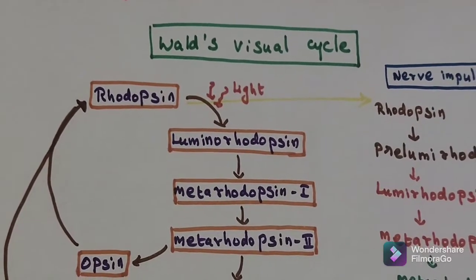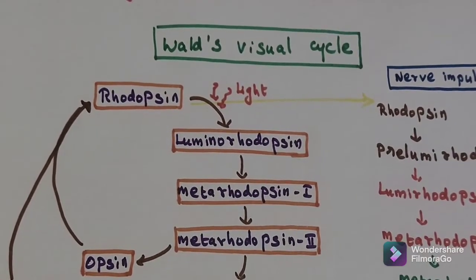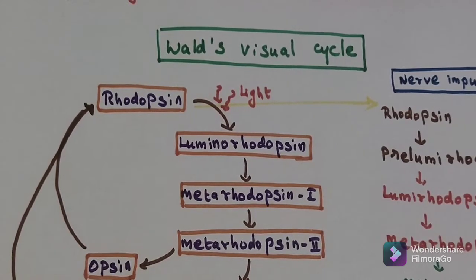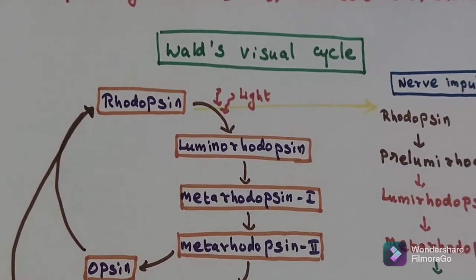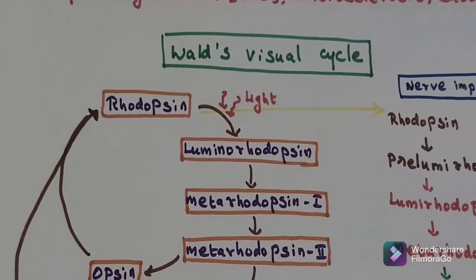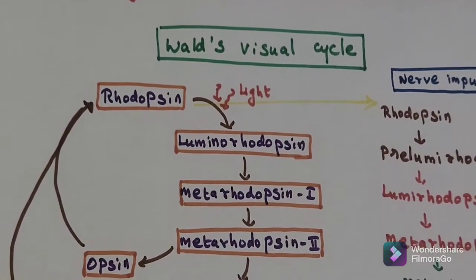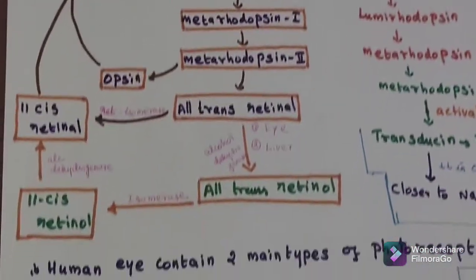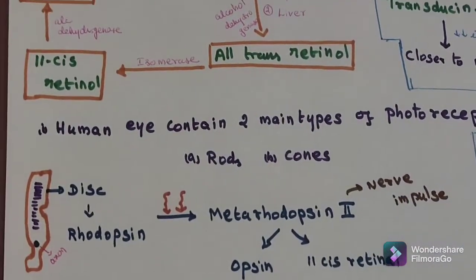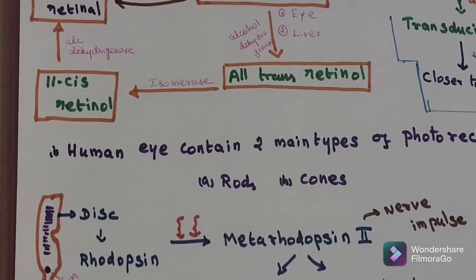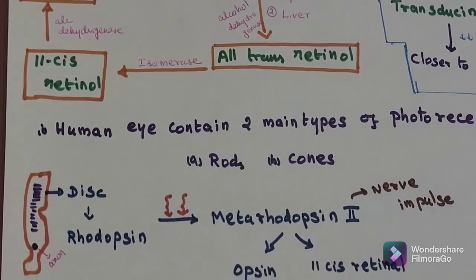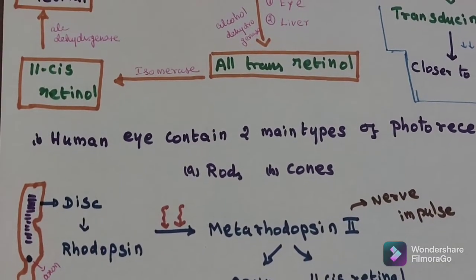So vitamin A is important in vision. Here we will discuss Wald's visual cycle. Human eye contains two types of photoreceptor, rod and cone. This one is the rod cell. It contains discs which have the pigment rhodopsin.